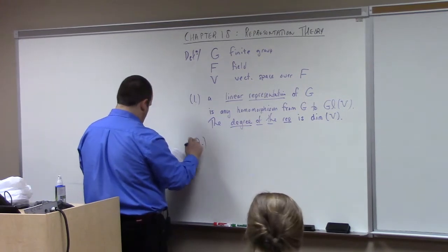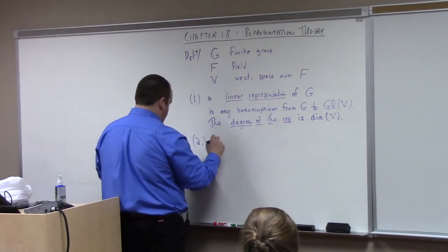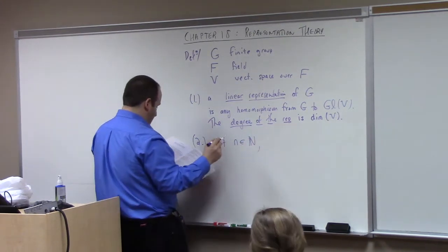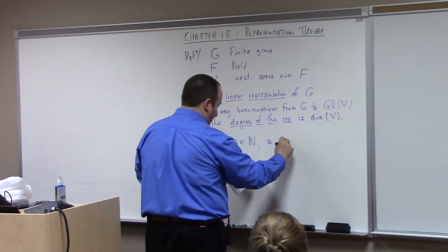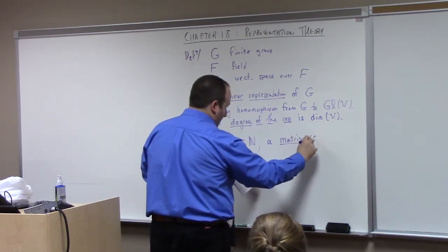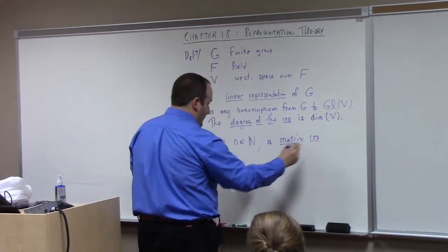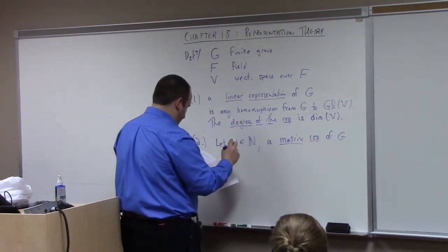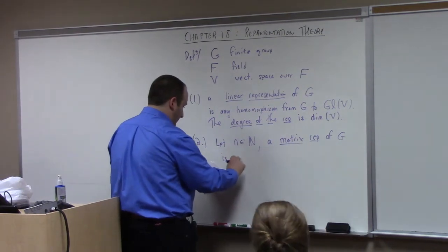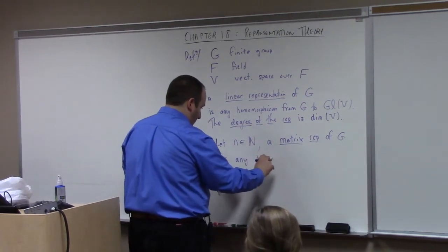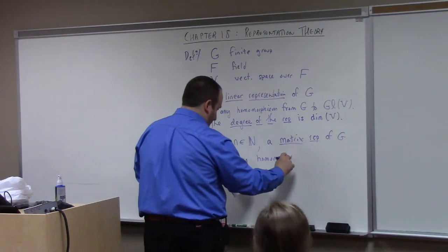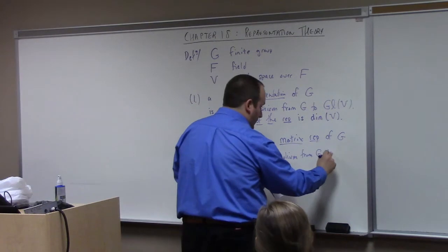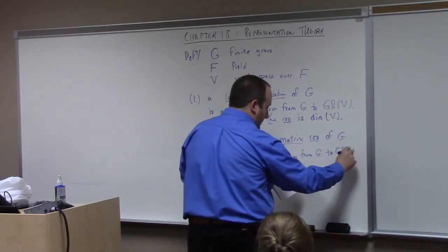2, a matrix representation. So let n be a natural number. A matrix representation of G is any homomorphism from G to GL_n(F).